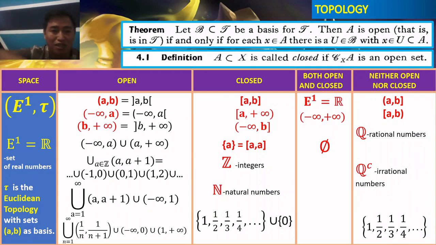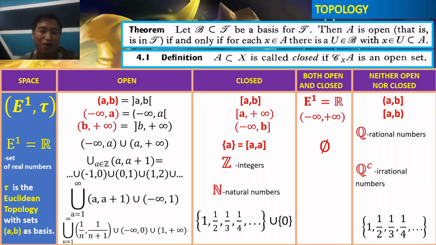Murag union lang nato ning duha nga naa diha sa open set. Diba kay union nimo na, kana ang complement sa atong closed set. Unya ang iyahang complement kay open, therefore that closed interval [a, b] is closed.